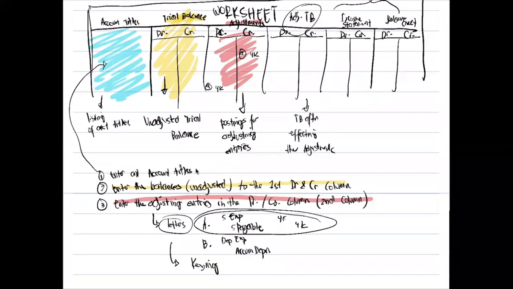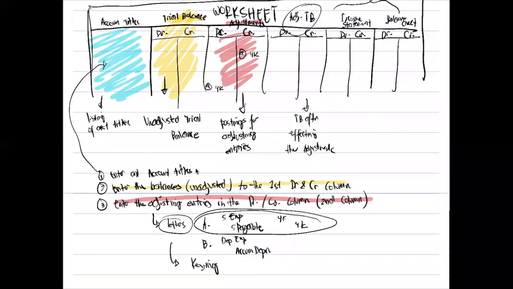So guys, again, we identify a particular adjusting entry based on a letter. So each adjusting entry must be identified by a letter. So for example, here, letter A, salaries expense, salaries payable. We place it in your adjustments part. Letter A, 4K, 4K. That will be for your adjusting entry letter A. We call this process keying, okay?